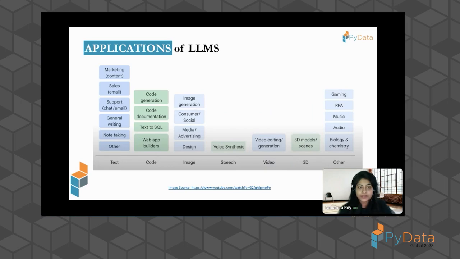In terms of applications of LLMs, the first thing that comes to your mind when you see ChatGPT is your ability to interact with questions and answers, your ability to ask cross questions on top of the questions you've already asked. That has opened up doors into marketing, sales, and support. That was the main focus when it first started. When I attended some talks, people were talking about how it can enhance customer support.